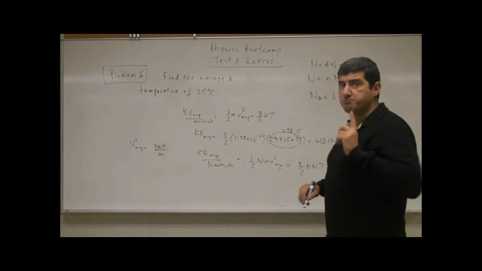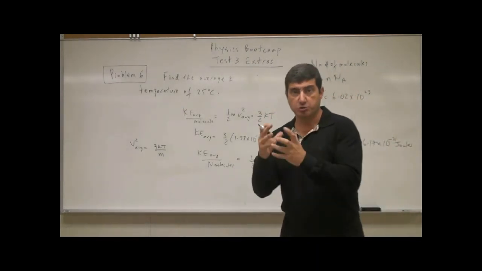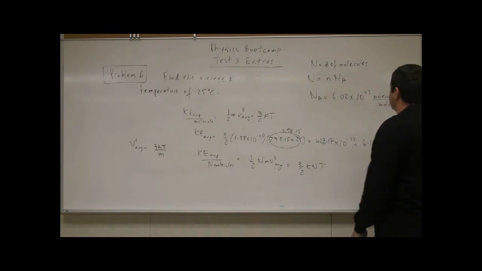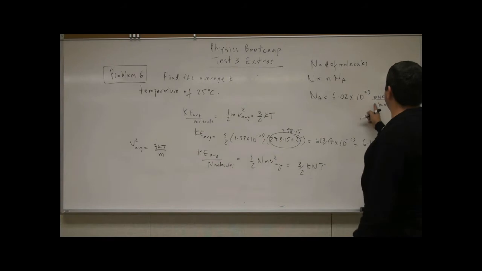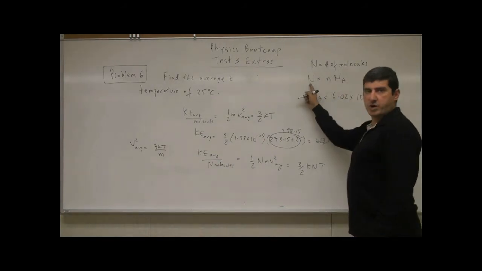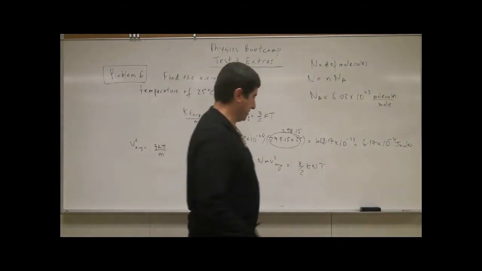So it says every mole of an atom or molecule or whatever unit it is has that many molecules or atoms, right? So if you multiply molecules per mole by number of moles, what do you get? Number of molecules, right?